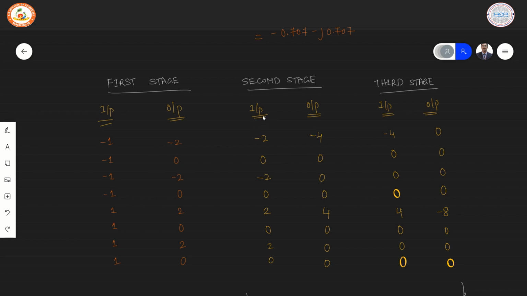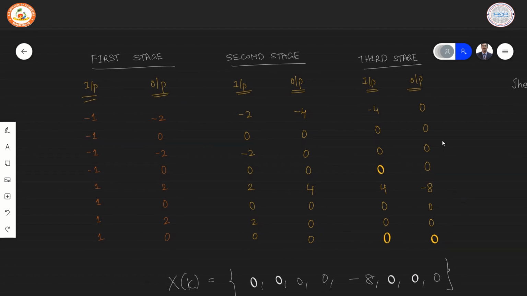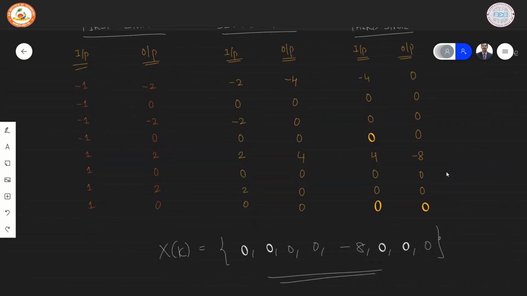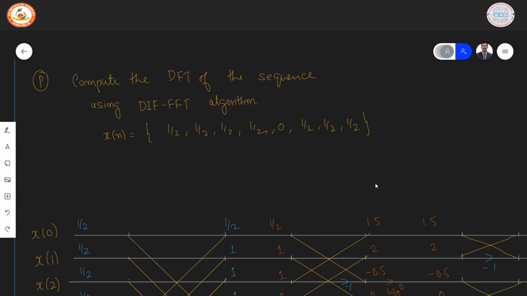The second stage, what is the input and what will be the corresponding output? Third stage, what's the input and what output you get when you apply it to the respective butterfly stages. And as we know, the output is going to be in sequence. Hence, we note down the final answer x of k as 0, 0, 0, 0, minus 8, 0, 0.